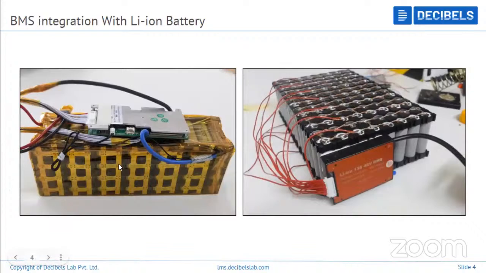That is how you can measure. When these wires are connected, only then will you be able to see in the software interface that series 1 has so-and-so voltage, series 2 has so-and-so voltage. That is how you will be able to monitor whether all the series are in a balanced state or not, right?